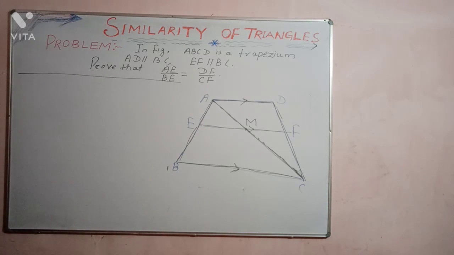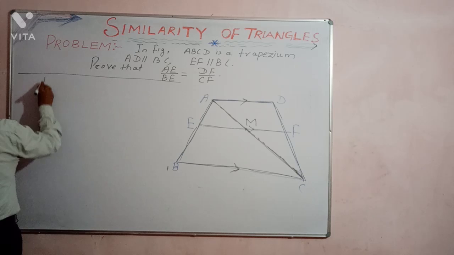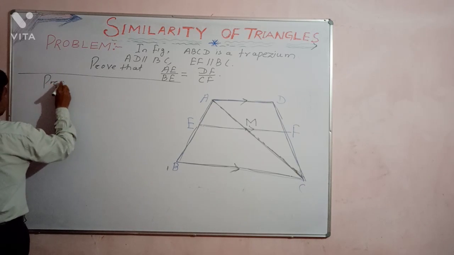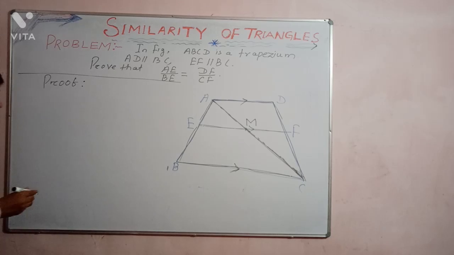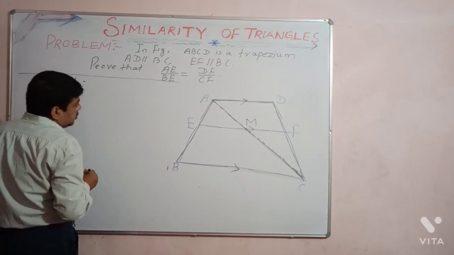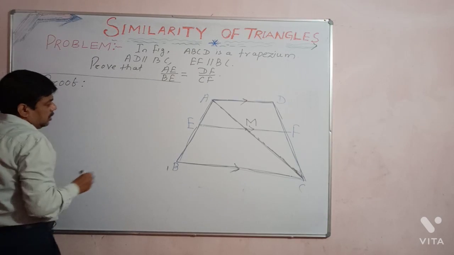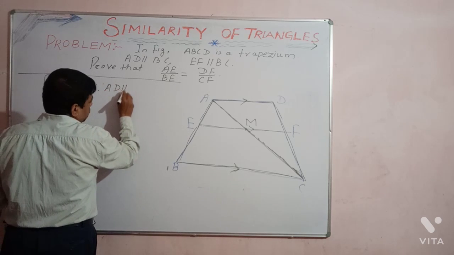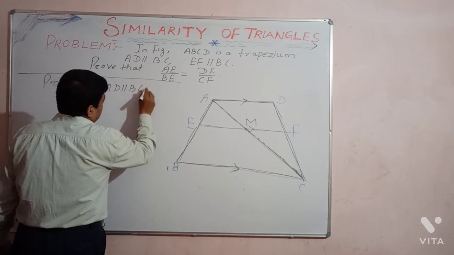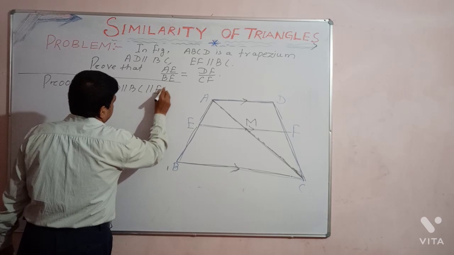Now let us prove. Now you see, it is already given that AD is parallel to BC and BC is parallel to EF.